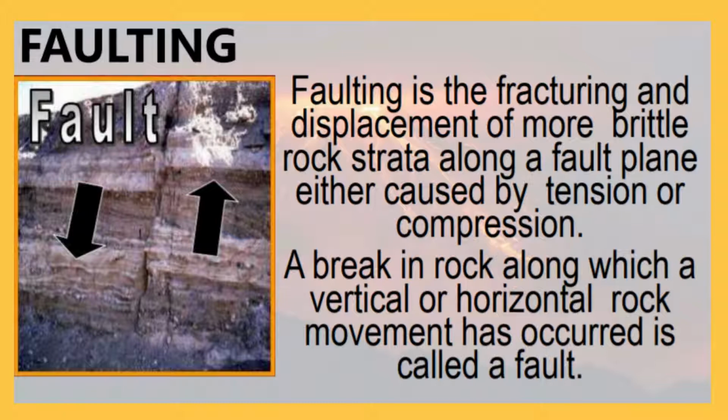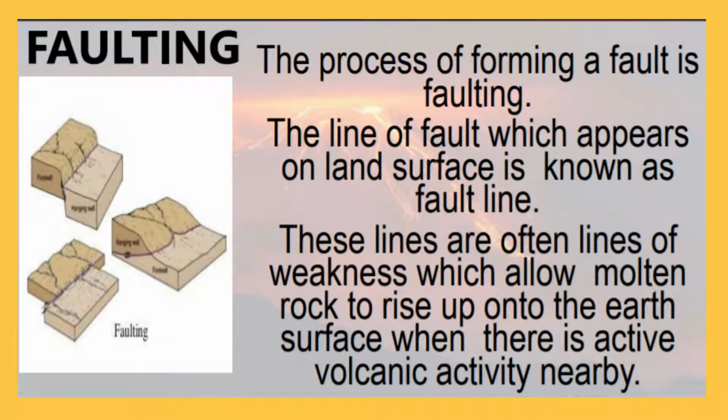But this time, faulting may occur due to tensional or compressional energy. This is where there is a break in rock along with a vertical or horizontal rock movement that has occurred, which we call a fault. The process of forming a fault is called faulting.